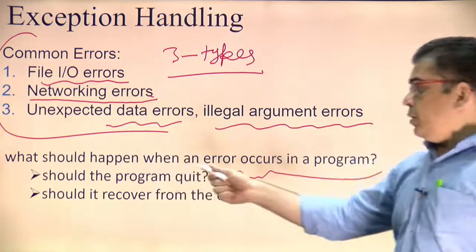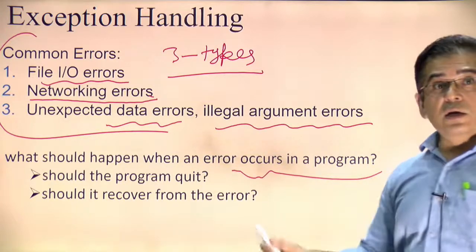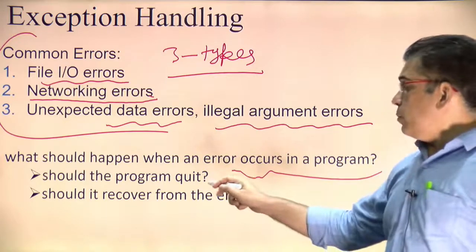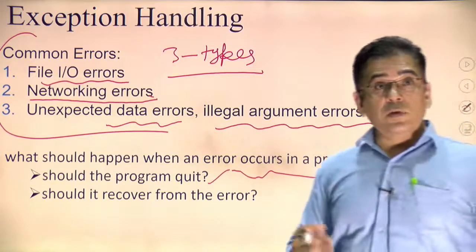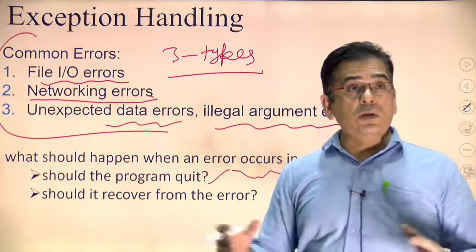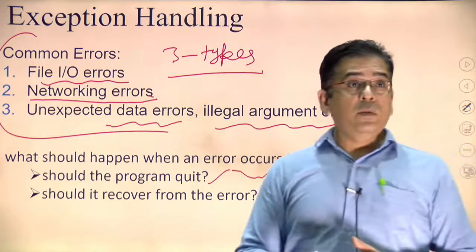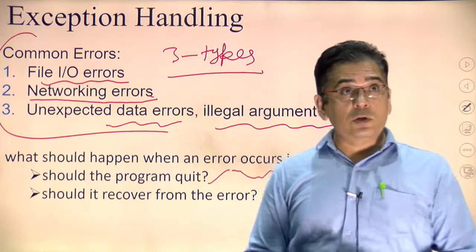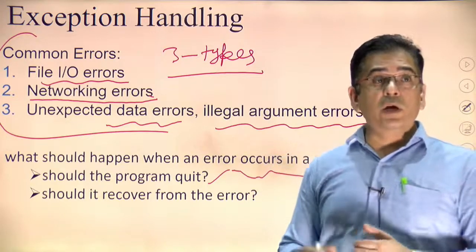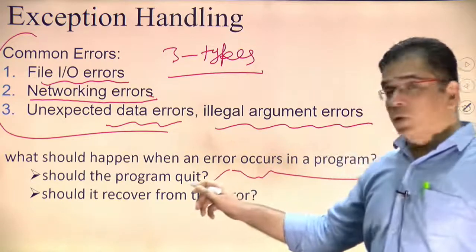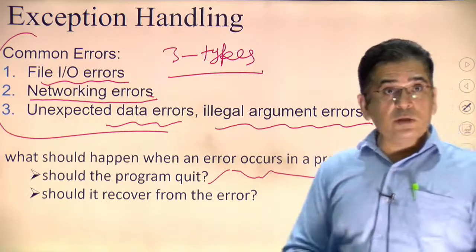There are two possibilities. Should the program quit, like in a divide by zero error scenario, where the system gets hanged, all the resources are utilized by the program and no available resource like memory or CPU is there to execute the program normally? In that case, either the program should quit or even the operating system should quit.